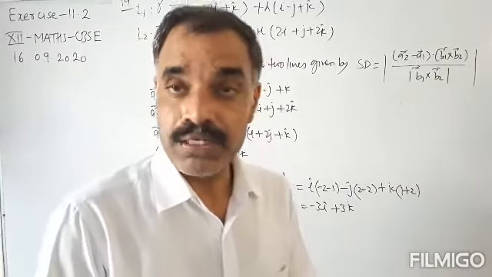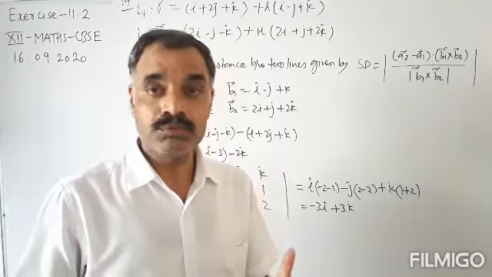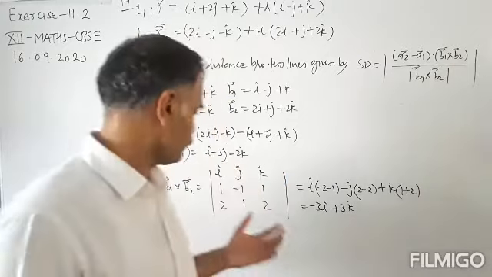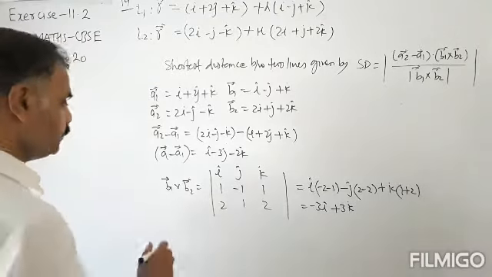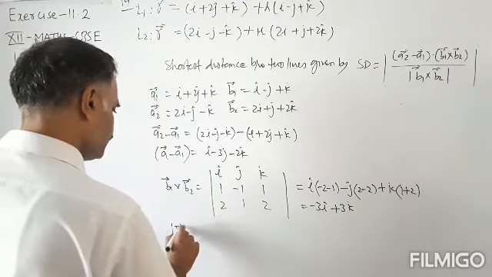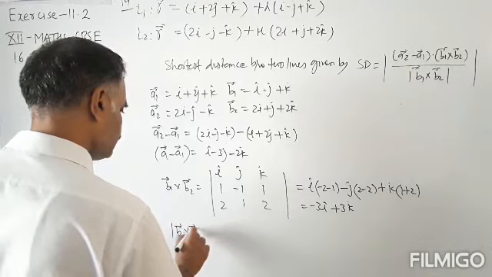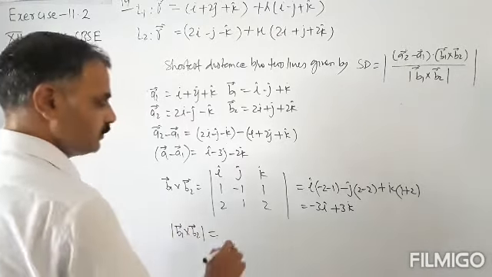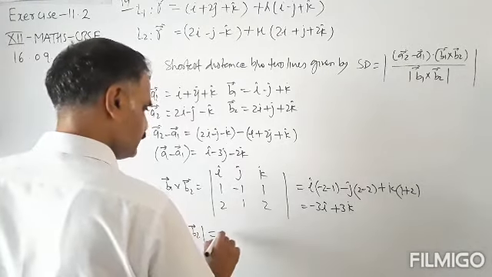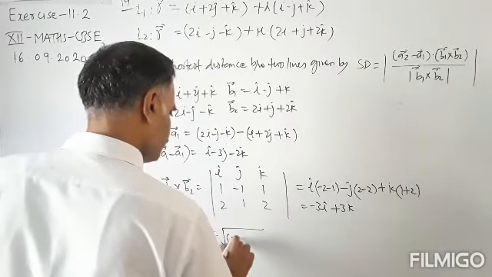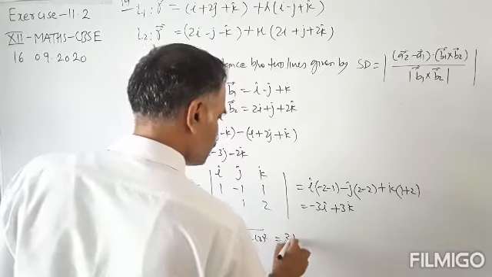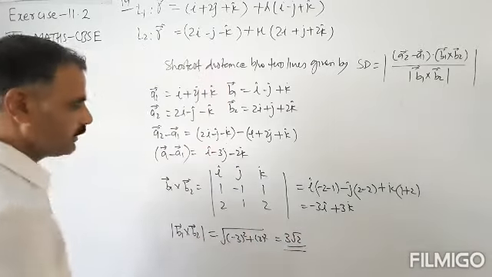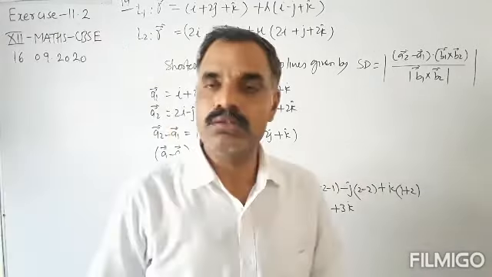Okay, now we have to find the magnitude of this. The magnitude of b1 vector cross b2 vector is under root of (−3) square plus 3 square, which equals 3 under root 2.